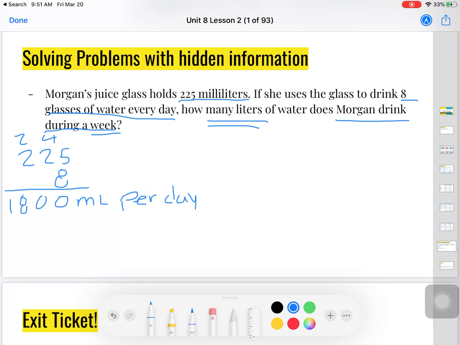Okay, it wants us to answer how many liters of water does Morgan drink in a week. Well, there are 7 days per week. So if there are 7 days per week, we're going to take our answer, 1,800, and multiply it by 7.